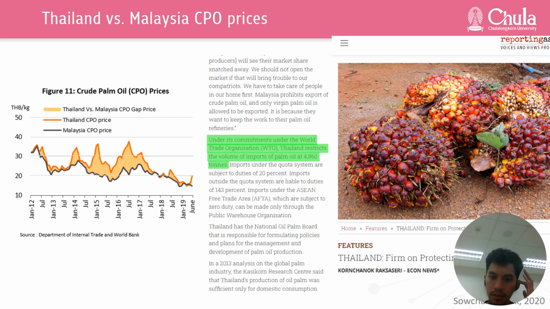So the government made a regulation on import restriction, and this research area can support this regulation by preventing the smuggling of illegal imports. The traceability also supports sustainable CPO production, which is the main problem in the palm oil industry right now.